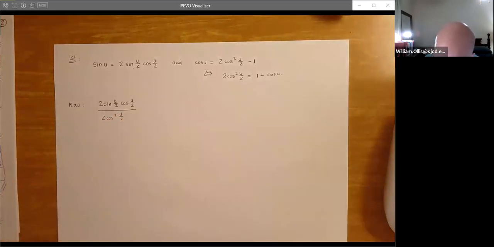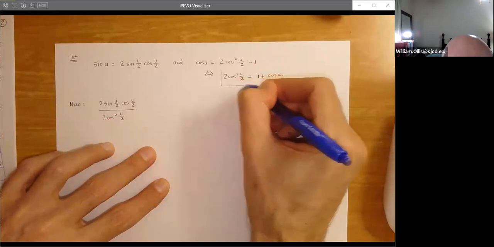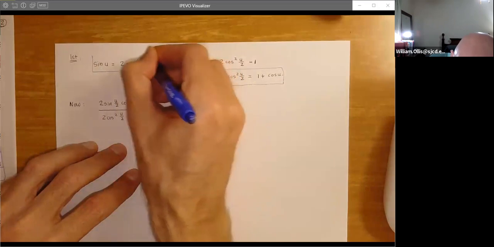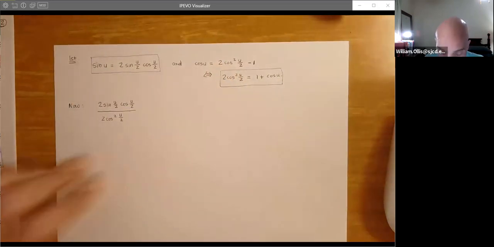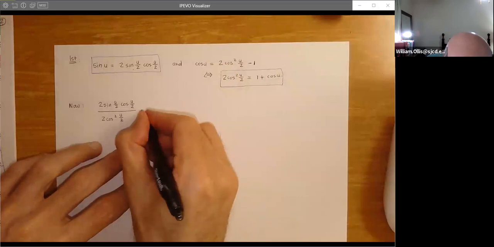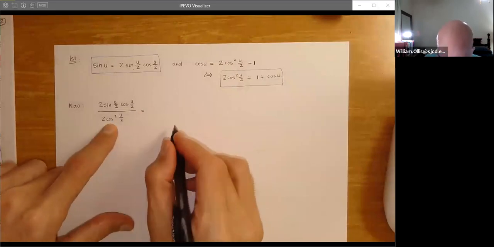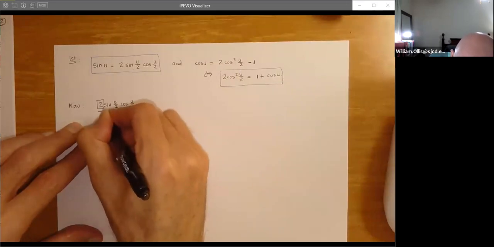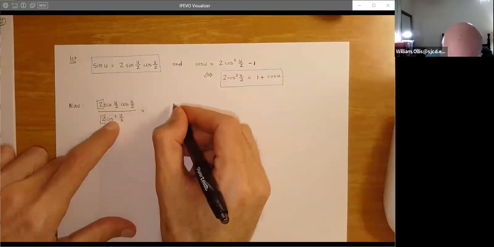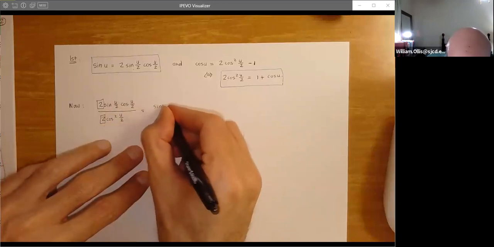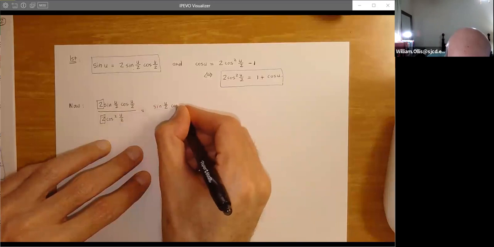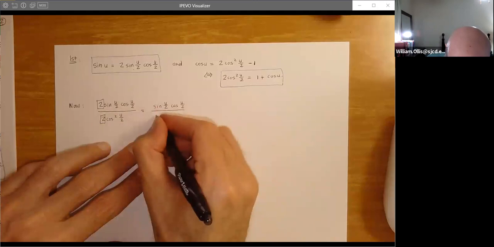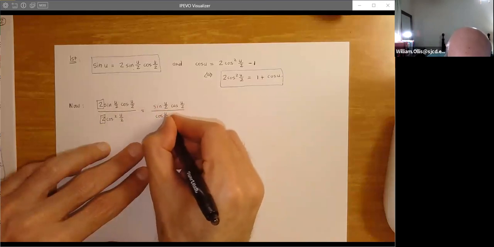So note, we have this, and we have this, just using the double angle formulas with the same change of variable. And now, note what we have here. The 2's absorb, and I'm going to go ahead and write this out in another line. This will be sine of u over 2, cosine u over 2. And then we've got 2 copies of the cosine u over 2, so I'm going to write them out separately.